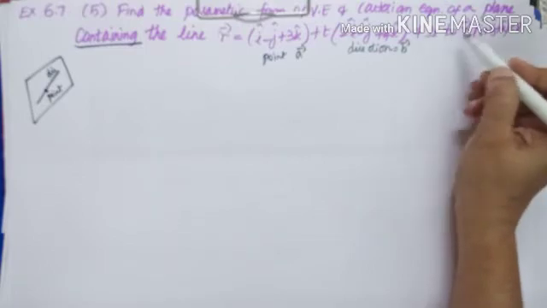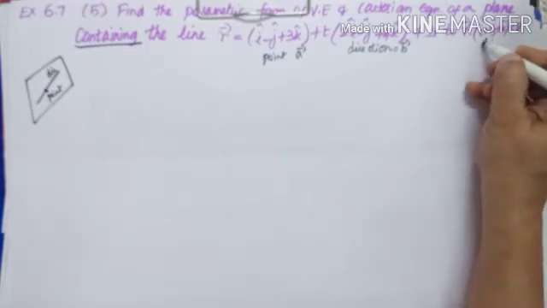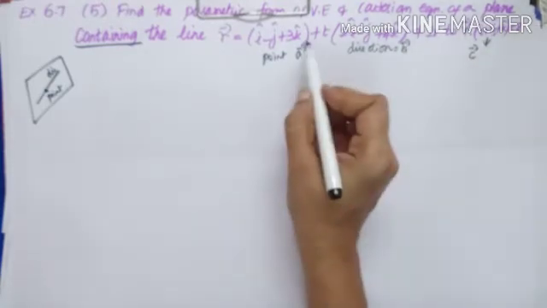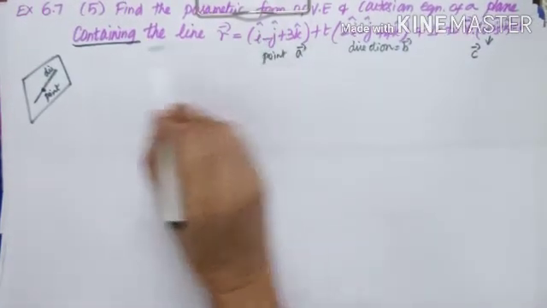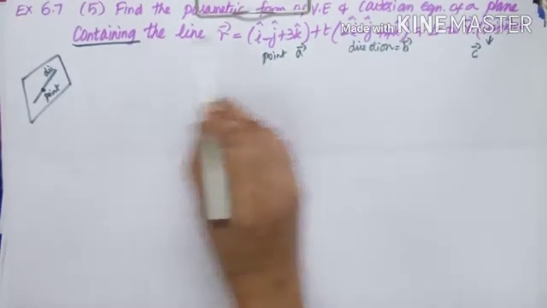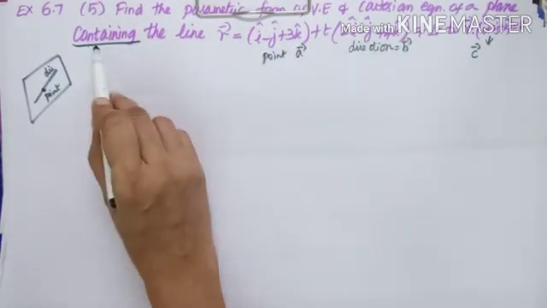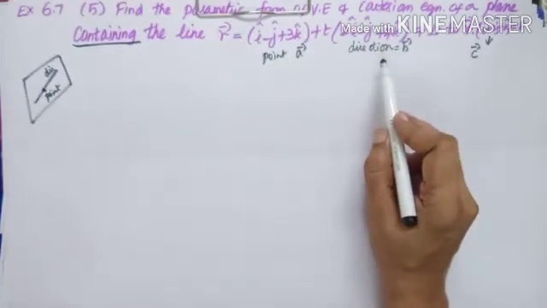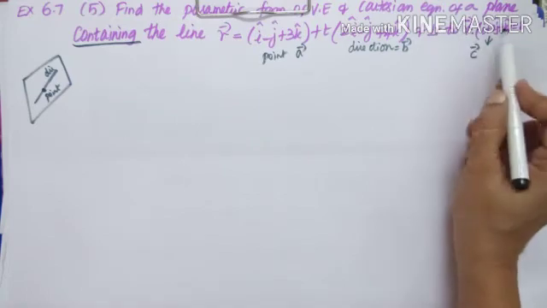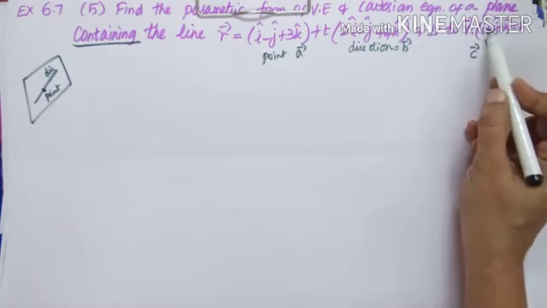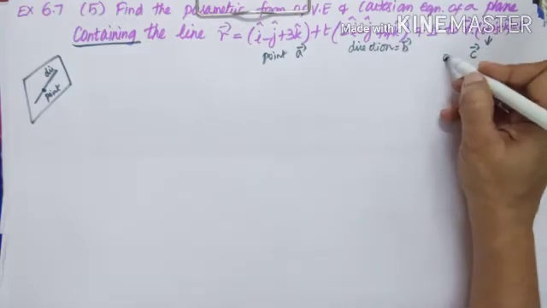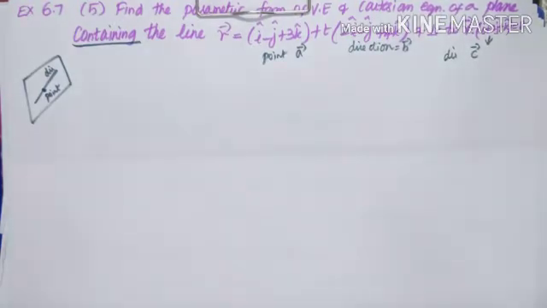The word perpendicular to a plane tells me this is my parallel direction, say C. Line, they will say either parallel or containing. Parallel tells me take only the direction. Containing, the word tells me take the point as well as the direction. And whenever they give you perpendicular to the plane, consider the normal of the plane as the next direction, that is C vector.